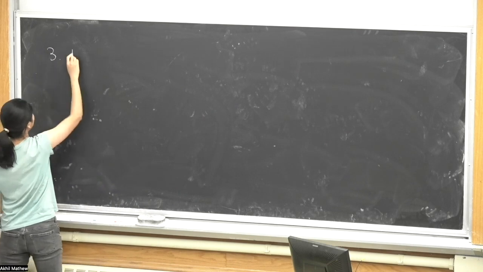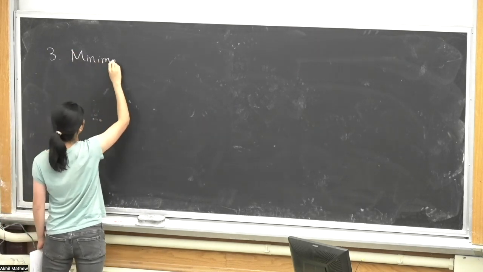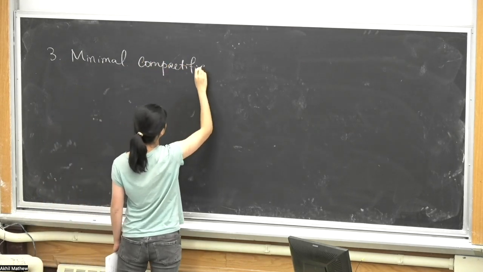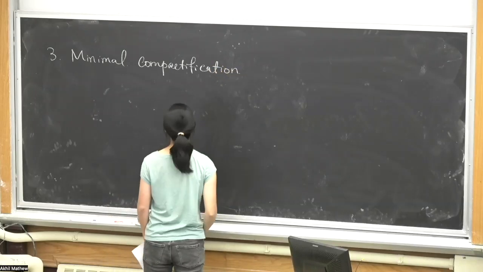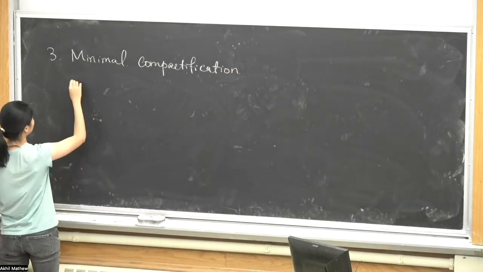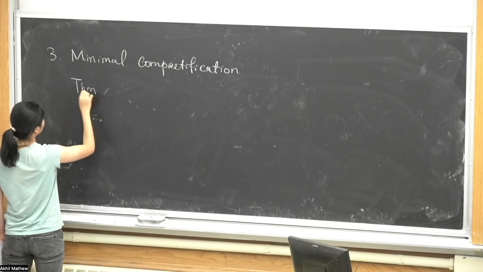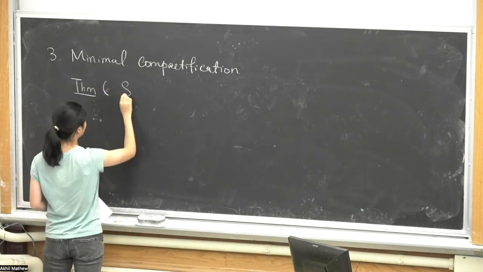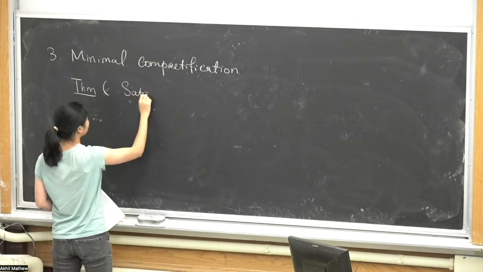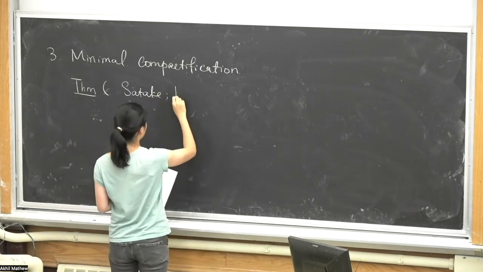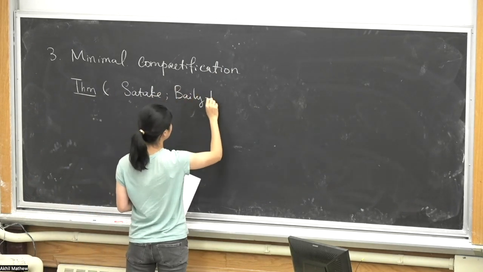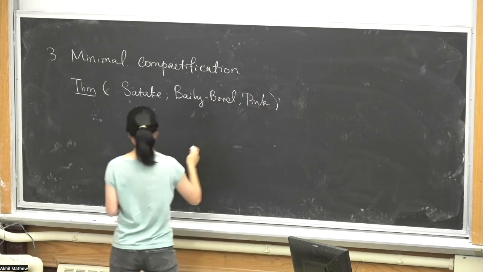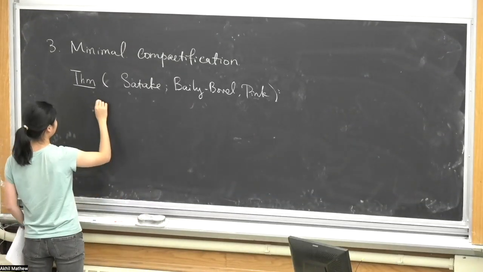So for Shimura varieties, the main result concerning minimal compactification is due to separate works of Satake, Baily-Borel, and Richard Pink, which can be stated as follows.